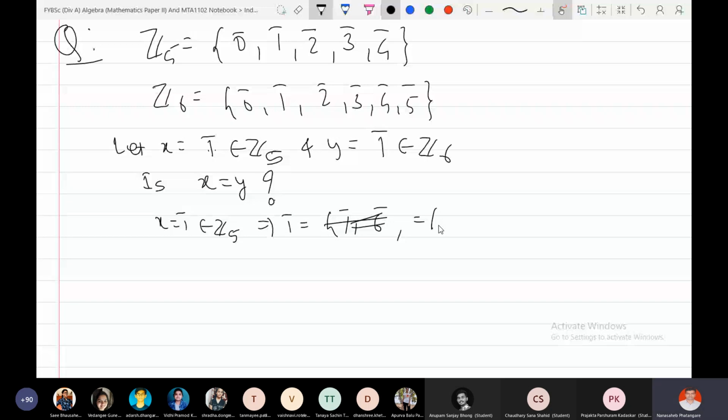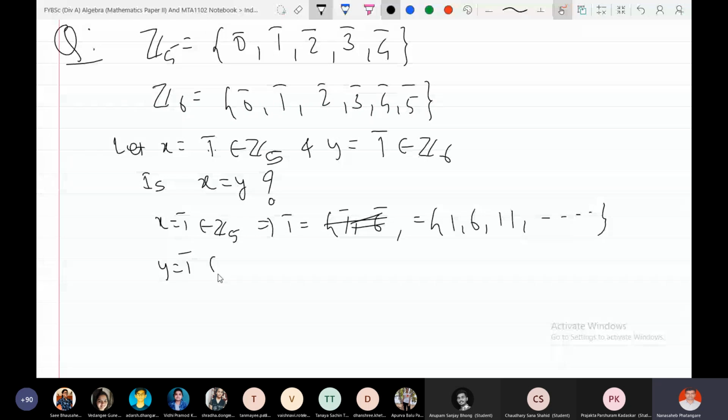But y is equal to 1 bar in Z6, then 1 bar is 1, 7, 13 and so on. And you observe that these two sets are unequal, because 6 is in this 1 bar but 6 is not in that 1 bar.